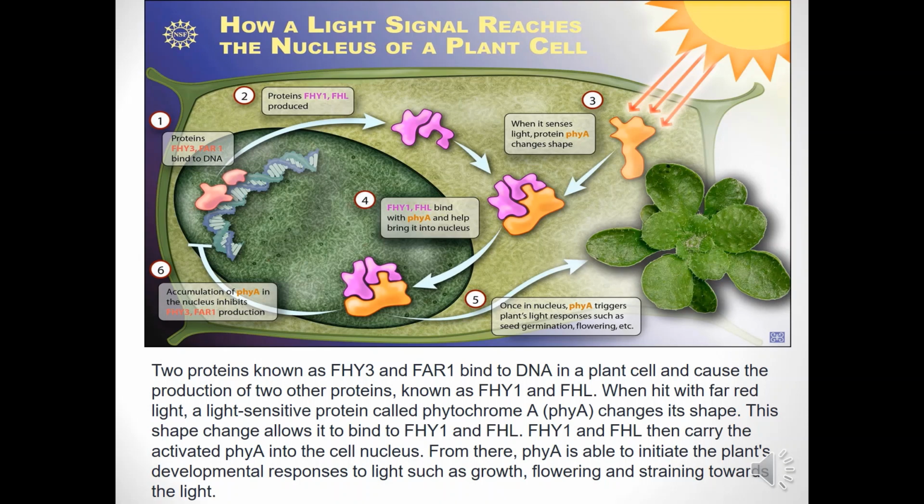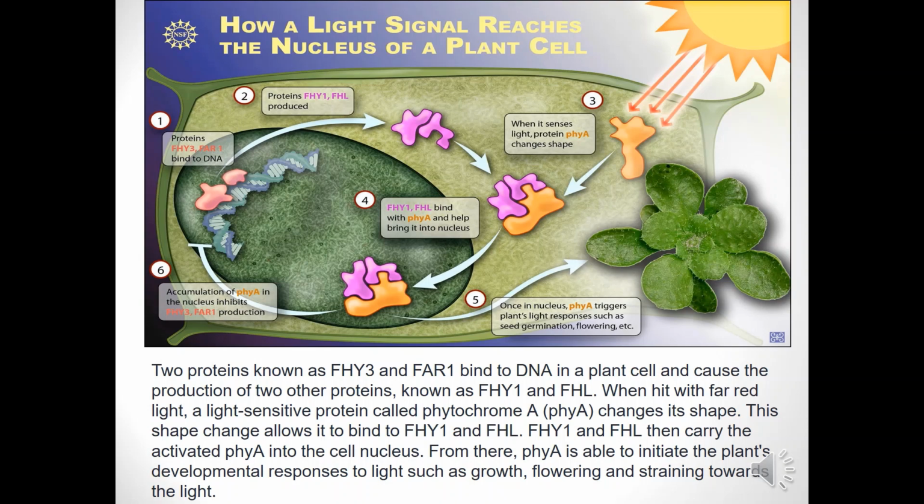Now we look at how a light signal is able to reach the nucleus of the plant cell. From this process, you can see that they give you one illustration with numbers 1 until 6.